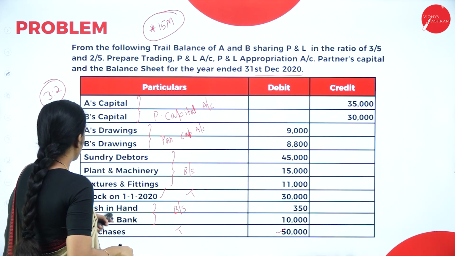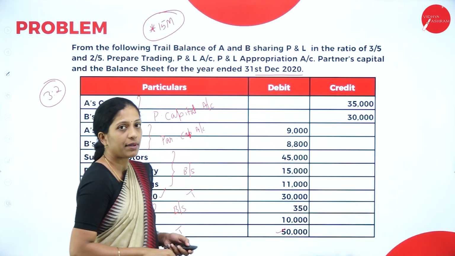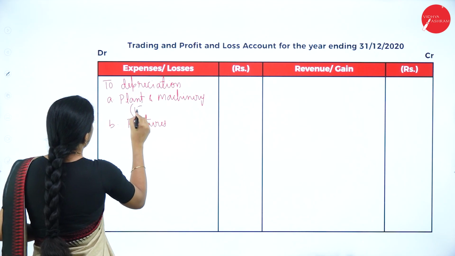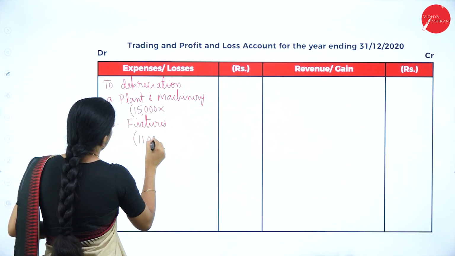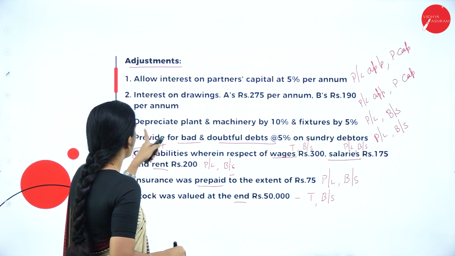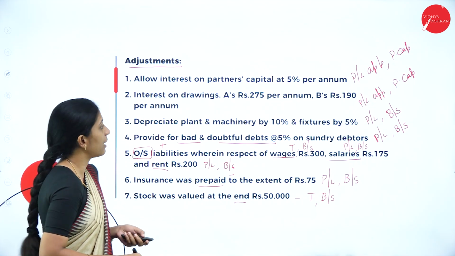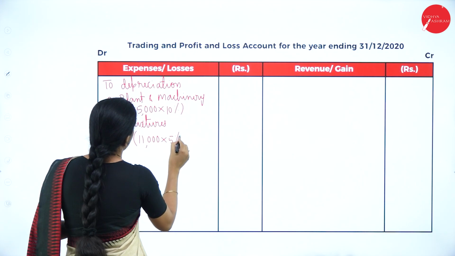Plant and machinery is 15,000 and fixtures is 11,000, and the depreciation percentages are 10% and 5%.